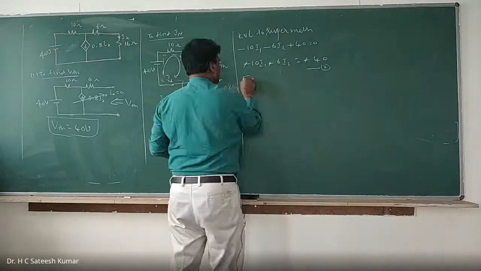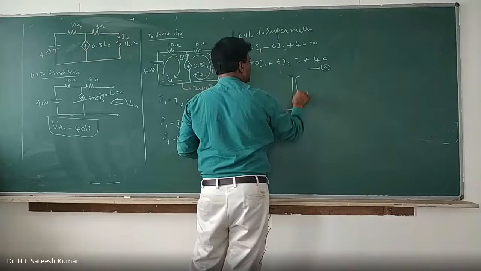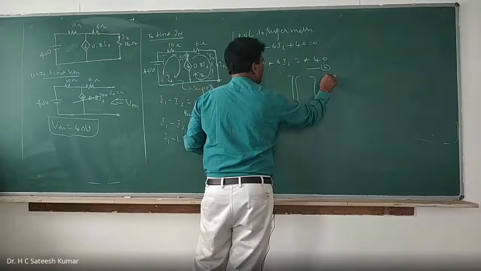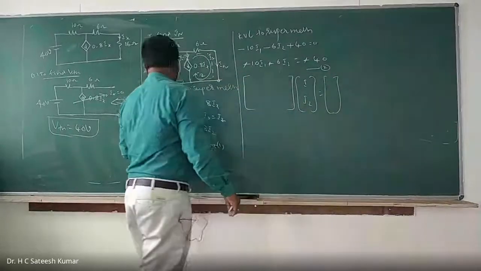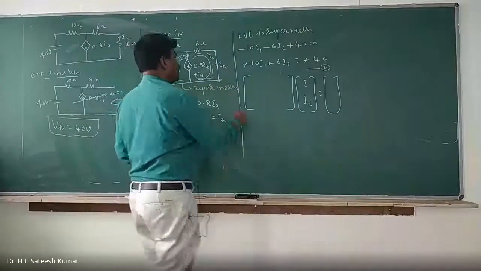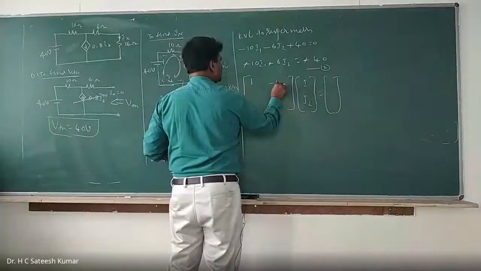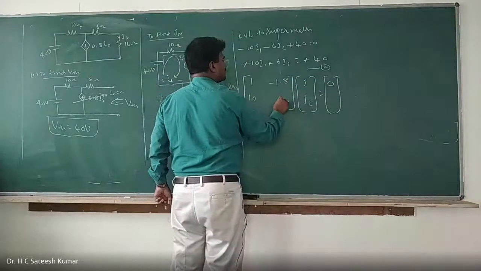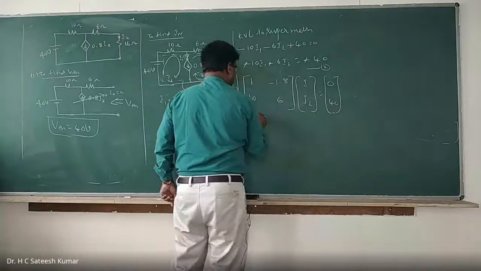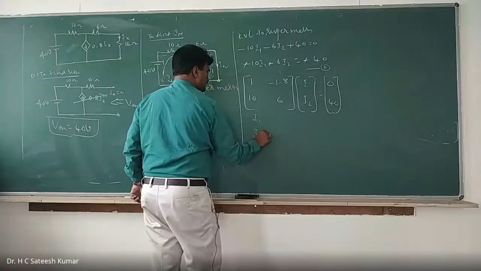Solve for I1 and I2 only. Okay, right. First one, what do we have? 1, minus 1.8, 0; 10, 6, 40. Tell me what is the value of I1 and I2.